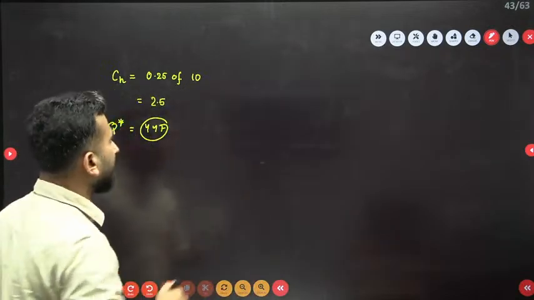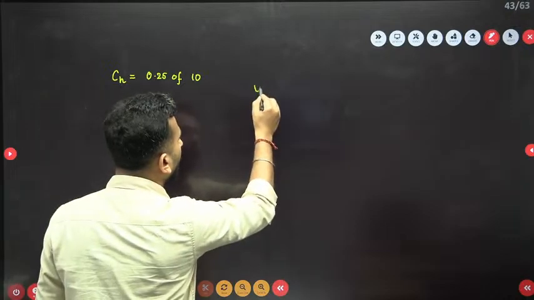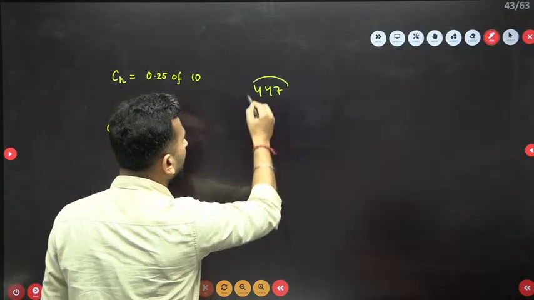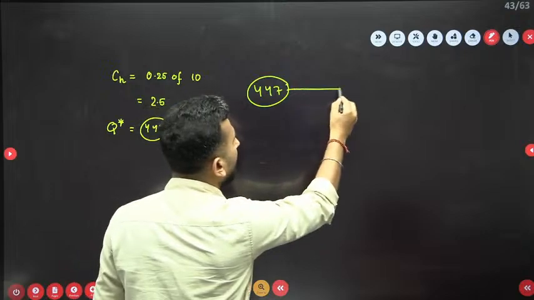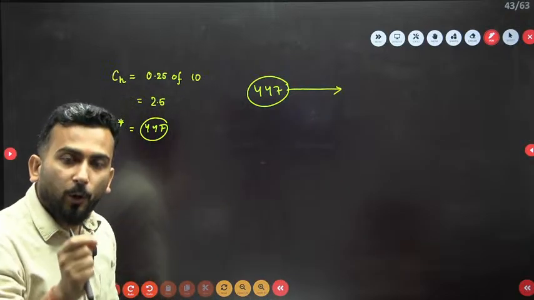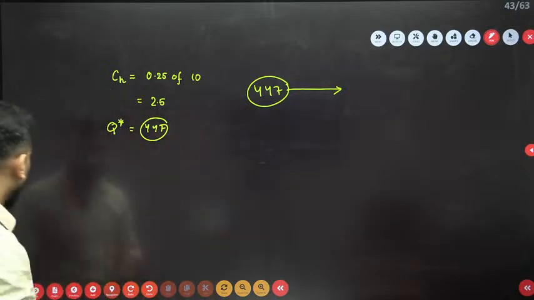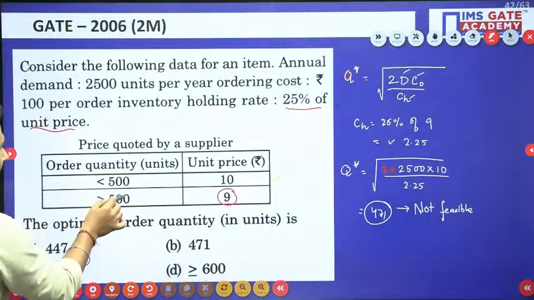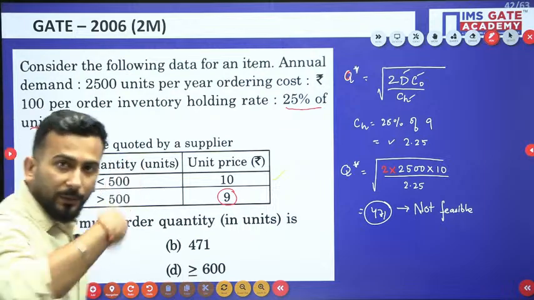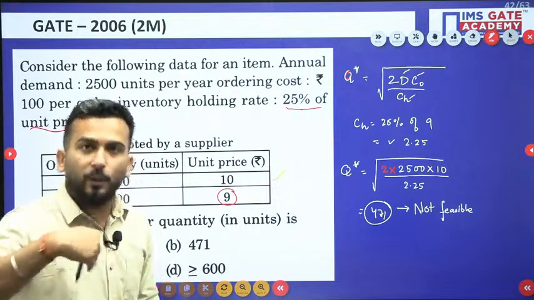Which two places? One at 447 and another at the quantity where price break is happening, which is at 500, the below one, not above.